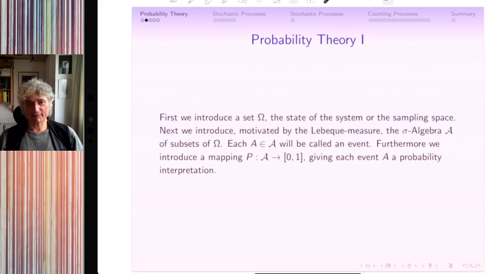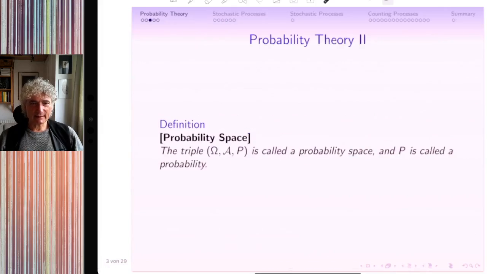If the probability is 1, then that is an event that is taking place for sure. Okay, now we can define a probability space. The triple omega, the sigma algebra curly A, and this probability P, this triple together is called a probability space, and P is called a probability.